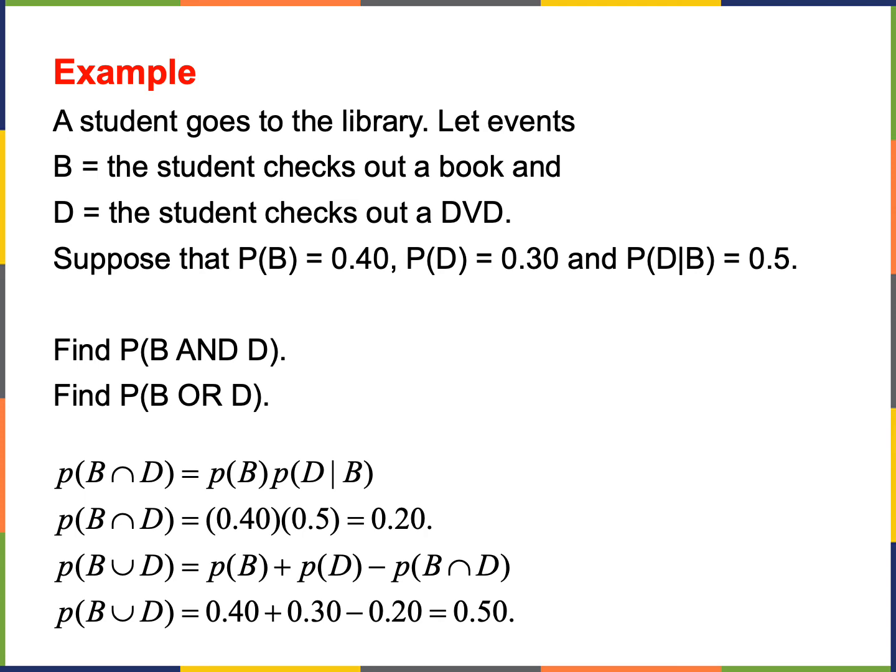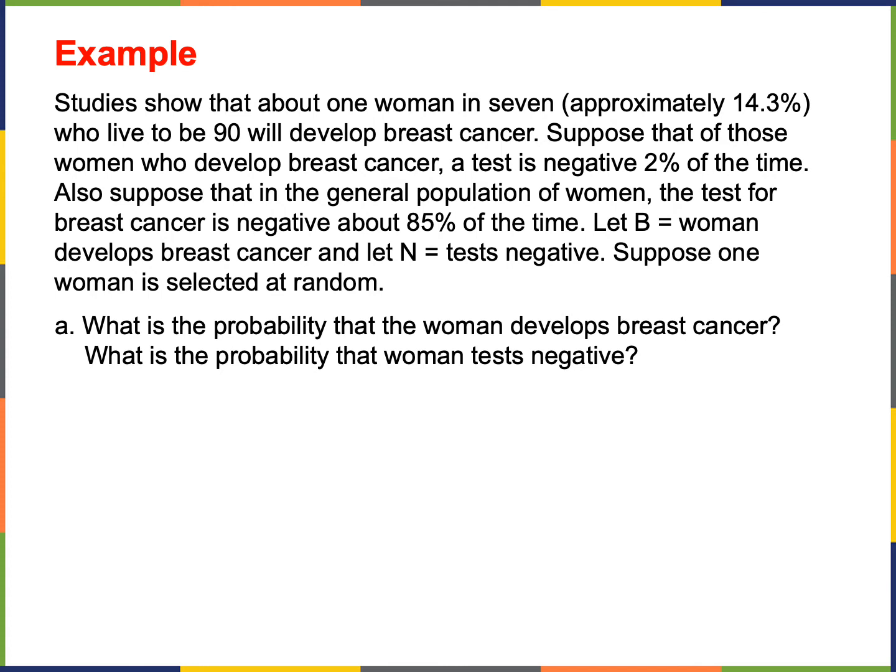All right, and I believe this will be the final example. Studies show that 1 woman in 7, approximately 13.3%, who live to be 90, will develop breast cancer. Suppose that of those women who develop breast cancer, a test is negative 2% of the time.